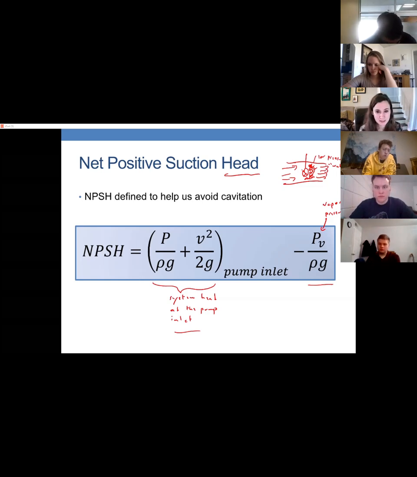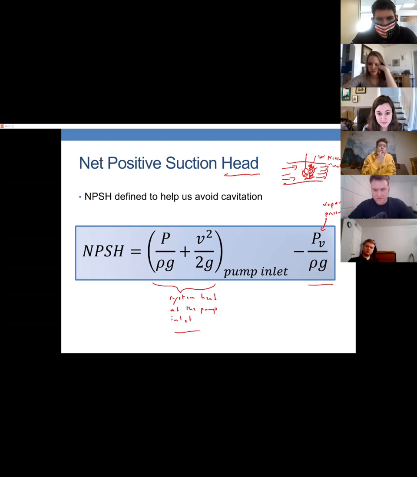Things boil when we have more energy. That's not really a relevant factor here. Though obviously at higher temperatures, is cavitation more or less likely? More likely, because at higher temperatures it's more likely to vaporize. Specifically, what happens in this formula is that at higher temperatures the vapor pressure changes.